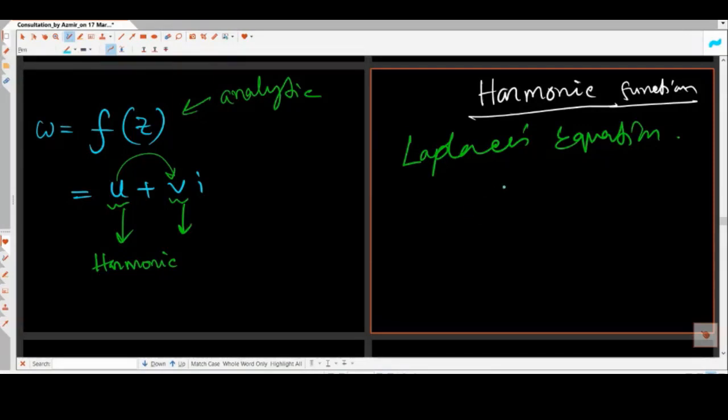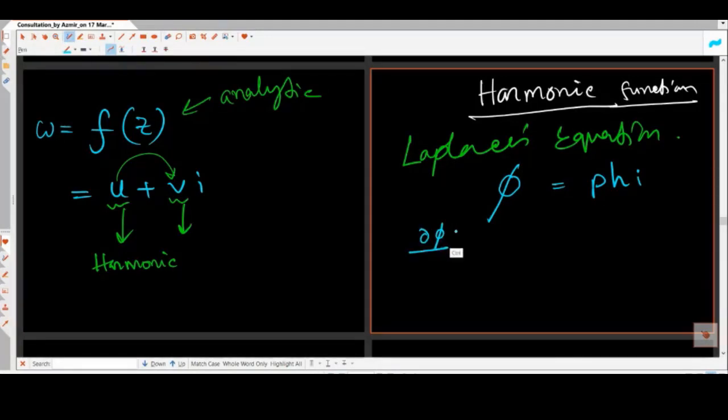Let's say we have any function. We can call this one phi, P-H-I. This is the symbol which is known as phi. So let's say we have this function phi.